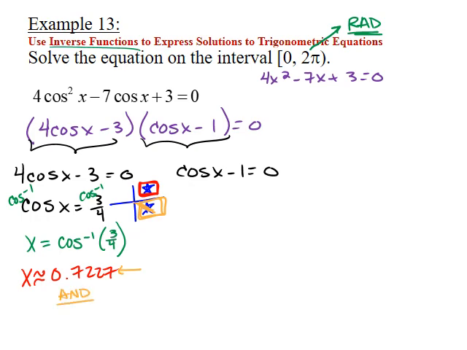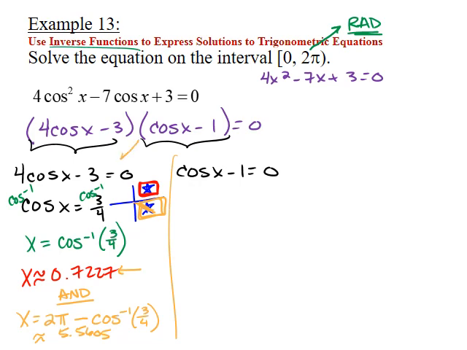So x is equal to 2 pi minus cos inverse of 3/4, which is this value in red. And you will find that x is approximately 5.5605. Okay, that's kind of tricky, but this is when you need to be smarter than your calculator.